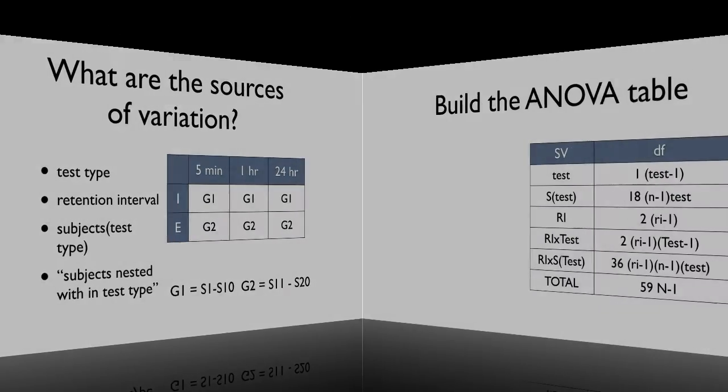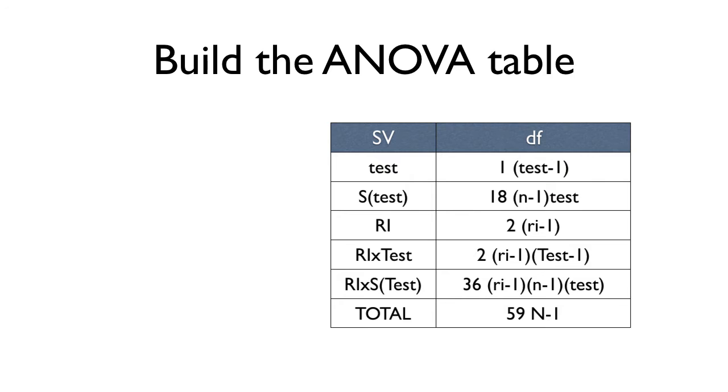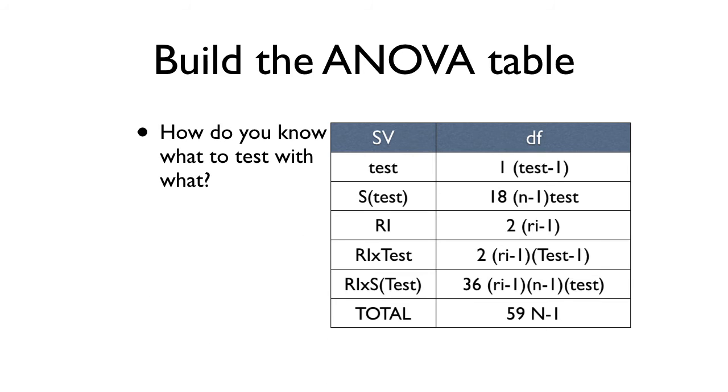All right. So we have an analysis of variance summary table here that's actually not that hard to build. You start out with the between subject variable, which is test, or test type, whatever you want to call it. Okay? That's where you start.